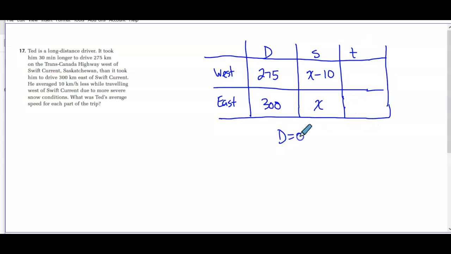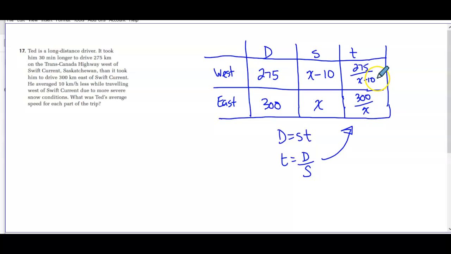So distance equals speed times time. So time equals distance over speed. And that's what I use to fill in my third column. And then that third column there, it says it took him 30 minutes longer to drive the west portion.